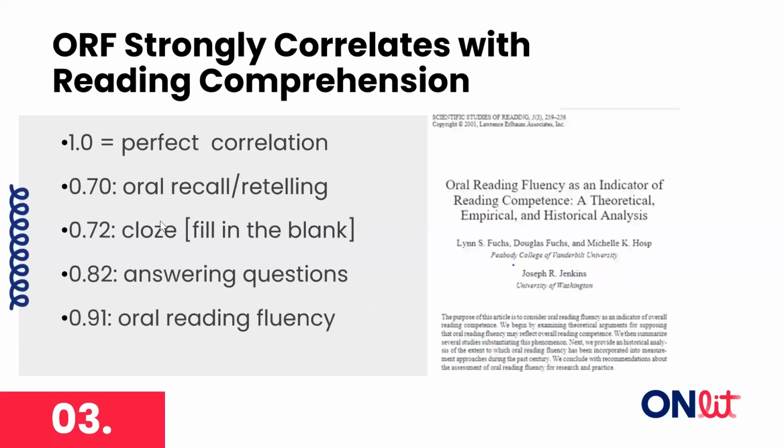In 2001, Fuchs and colleagues conducted an analysis of oral reading fluency as an indicator of reading competence, which includes not only accurate and automatic word reading, but also understanding or comprehending what is being read. On the previous slide, it is noted that the oral reading fluency can be used to indicate comprehension.